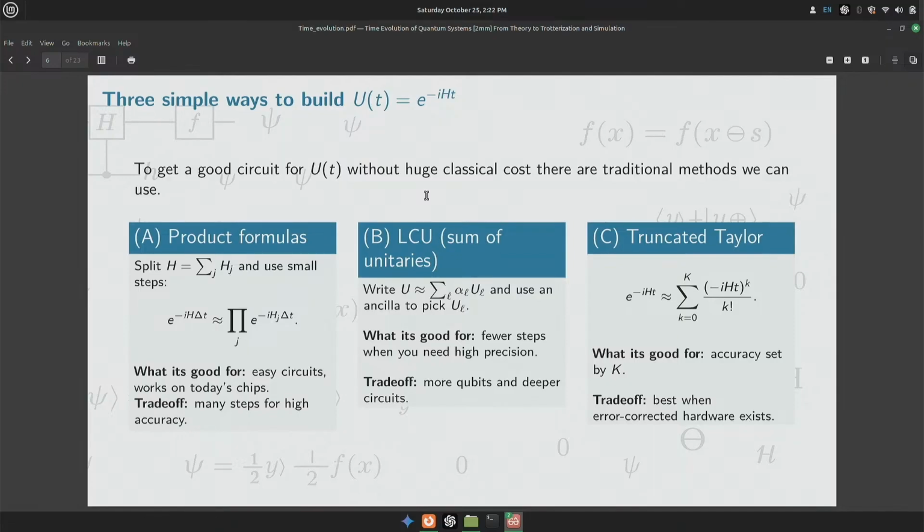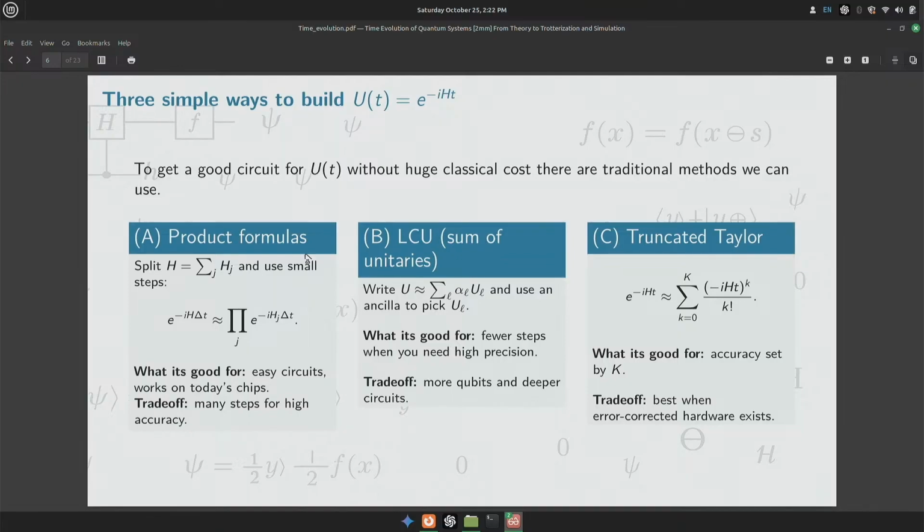Now these are the traditional numerical methods that can help us utilize this operator, e to the power iota ht, which may look like a very simple, crisp term, but it is not so simple. Why? Because, as I explained in the previous slides, it's an infinite series, and it's not straightforward to write down and calculate.